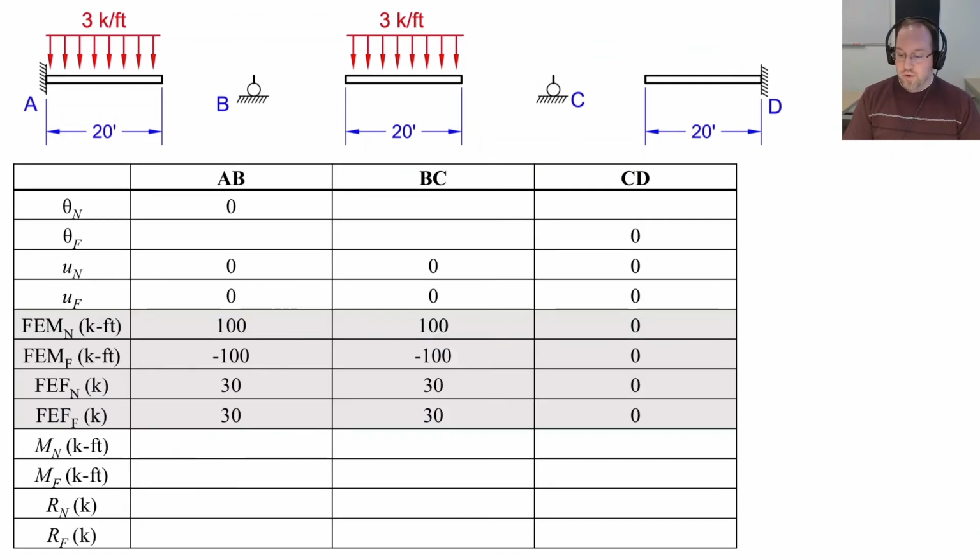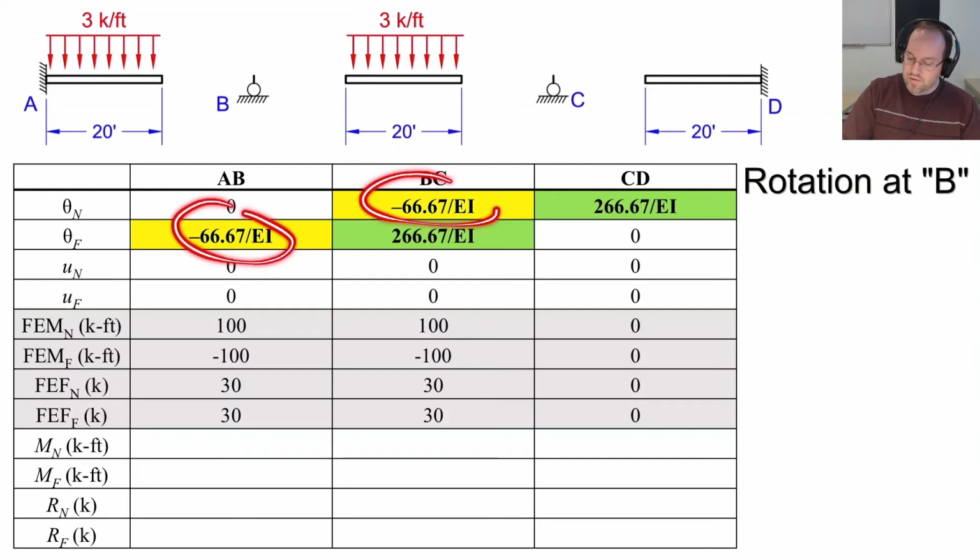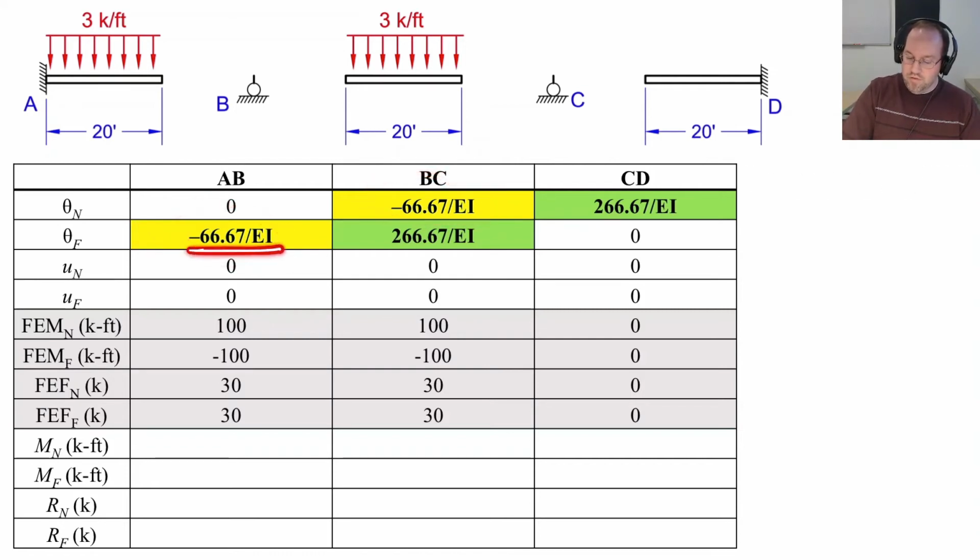So here's a summary of what we know so far. My near and far rotations and displacements are already listed here for the boundary conditions, and all my fixed end terms are also located here. We can substitute in our rotations that we found. So these 2 right here are rotation at C. That would be the far rotation for AB and the near rotation for BC.